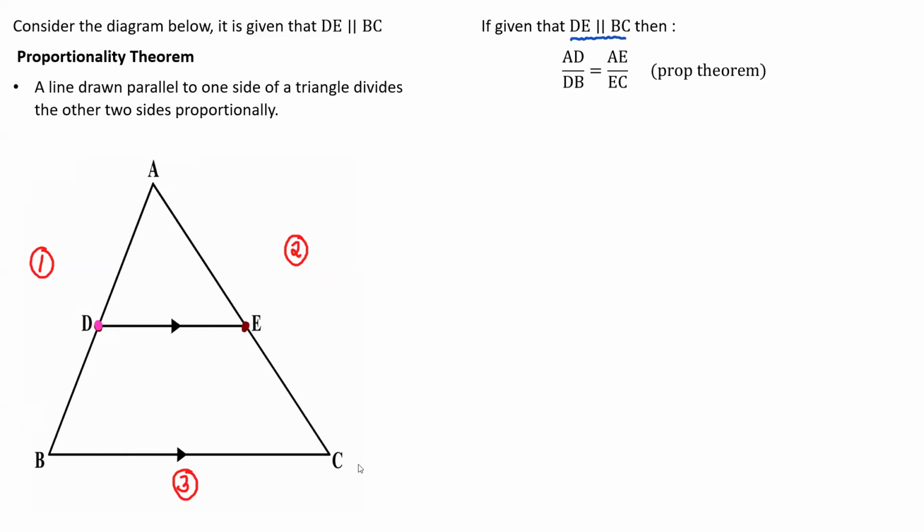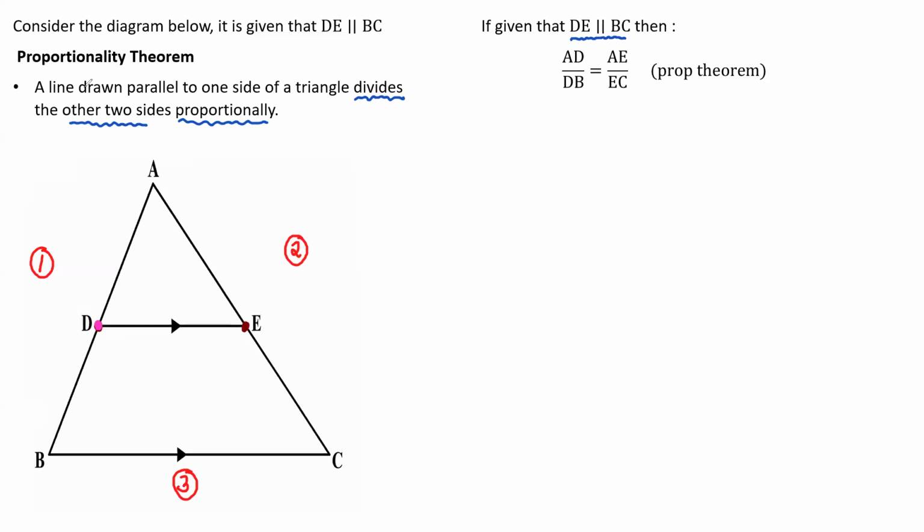That line DE happens to be parallel to the third side of the triangle BC. If that's the case, then the theorem says the other two sides are divided proportionally. Say this again. Theorem, proportionality theorem.